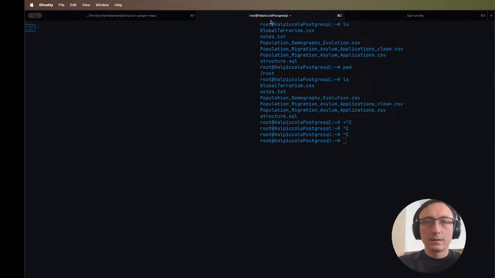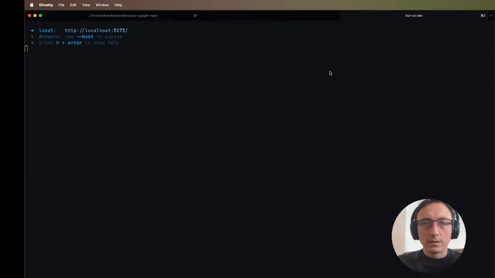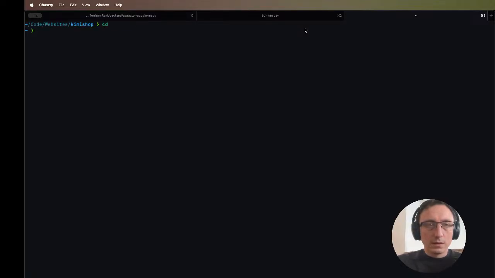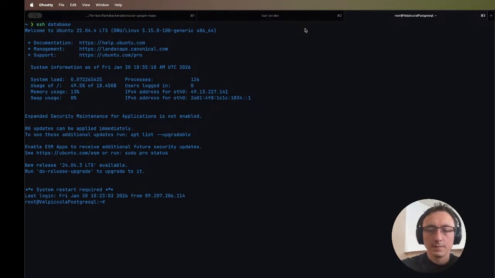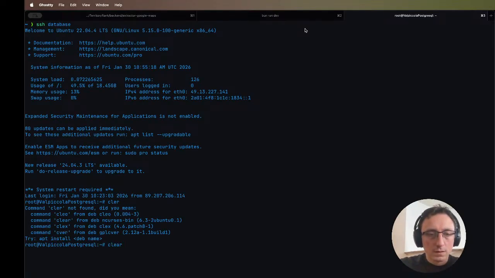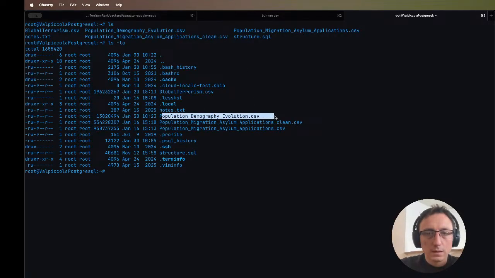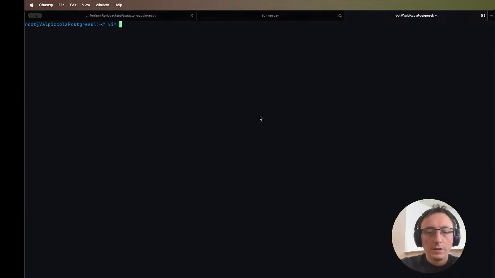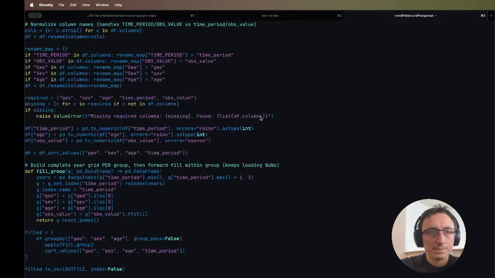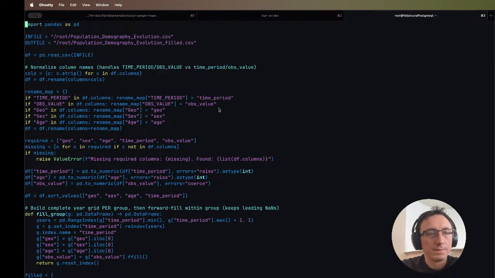Okay, let's close everything. We are inside our server and this is the file. What we can do is vim update.py and we can paste the whole file.